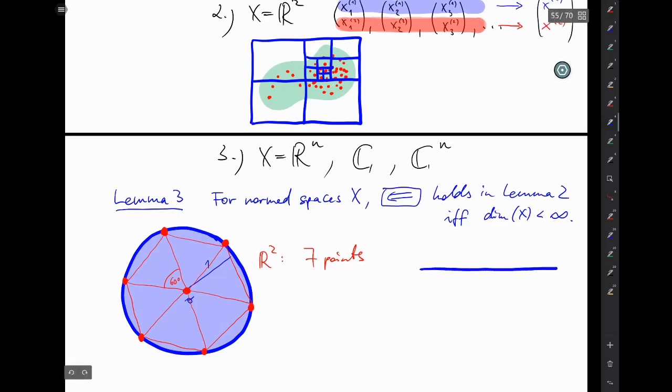In R1, the unit ball is just the interval from -1 to 1. And if you want to place points here with distance at least 1 from one another, then clearly 3 is the maximum number of points that you can fit in. In R3, I believe the number is 13. And I have no idea what it is in R4, but it's certainly a finite number.